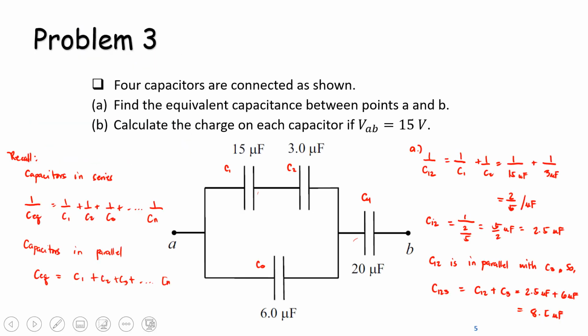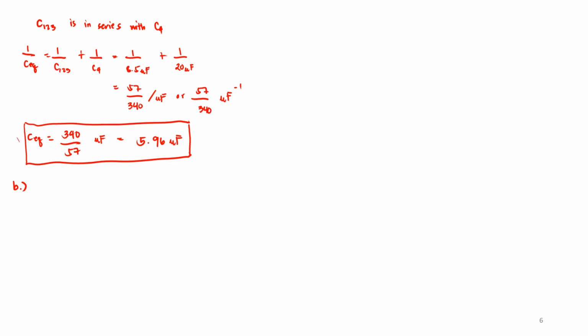And then for letter B, we are asked to calculate the charge on each capacitor if the voltage difference between the two points A and B is equal to 15 volts. Given VAB is equal to 15 volts, and we have also obtained the equivalent capacitance, which is 5.96 microfarad.